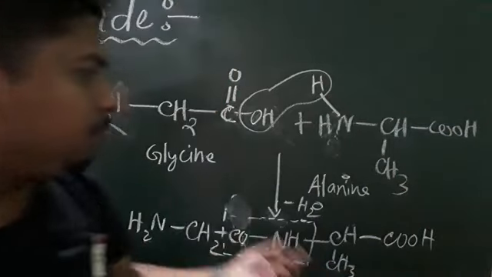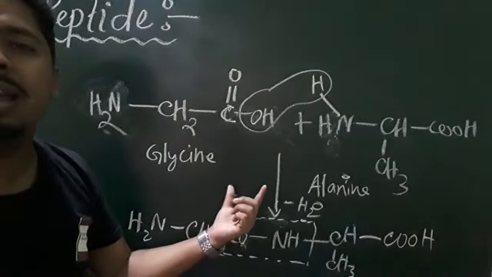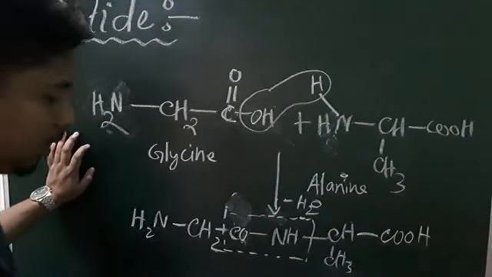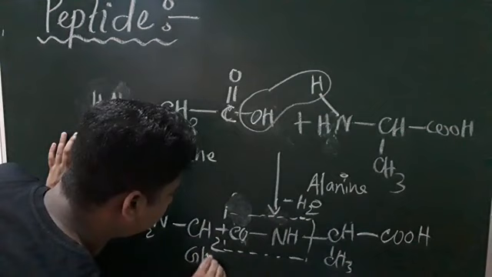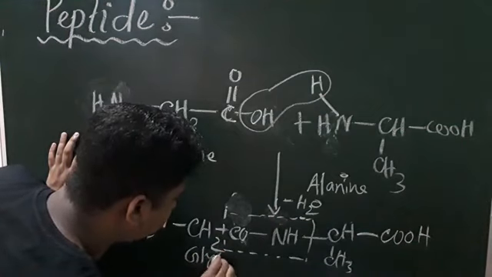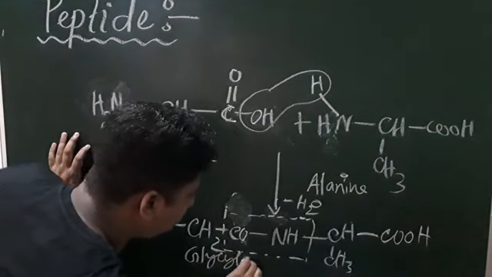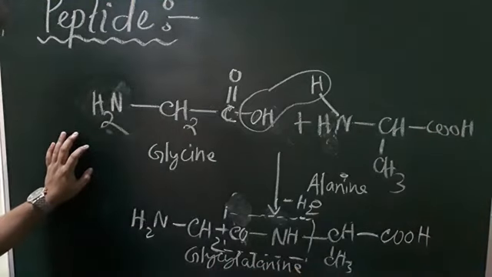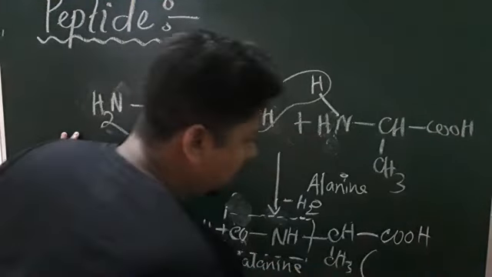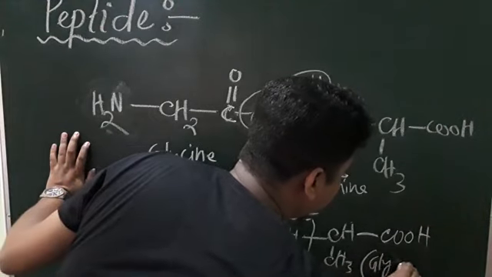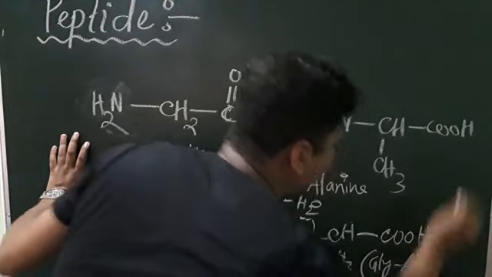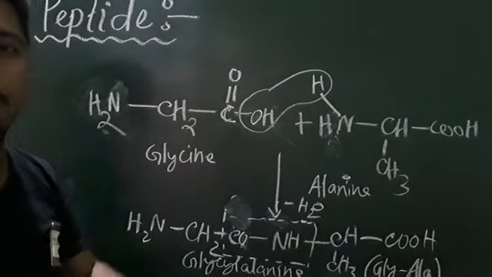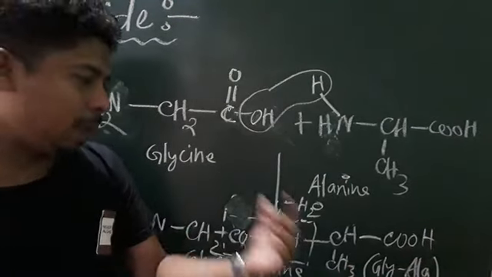Here you see, this is a dipeptide, so it can be named glycylalanine, or in short Gly-Ala peptide. So peptides are classified based on the number of amino acid residues.